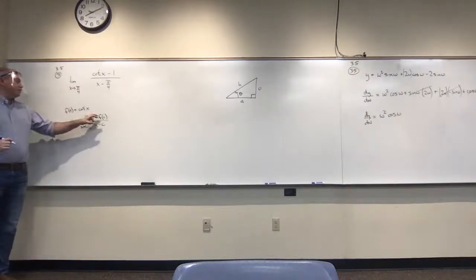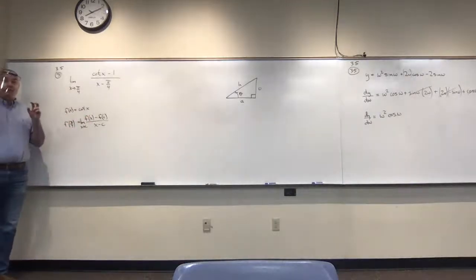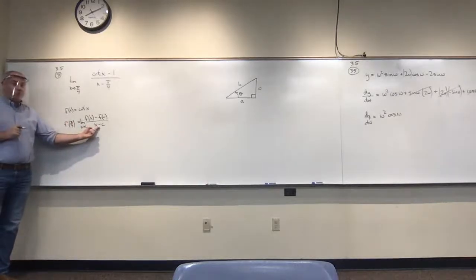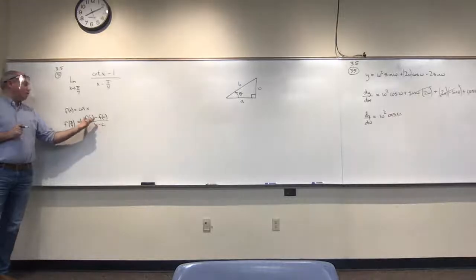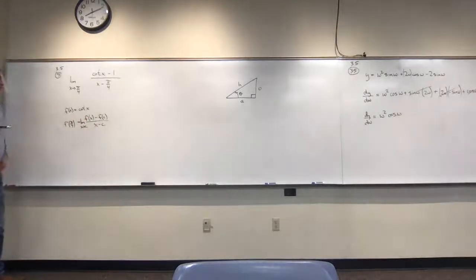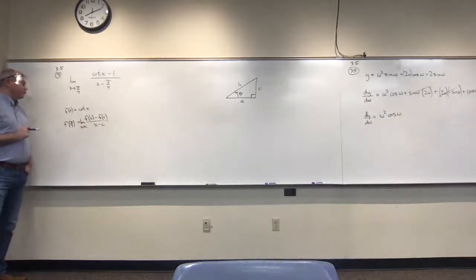This is the limit of the difference quotient, one of the forms of the difference quotient. Sometimes we use an h on the bottom. This is one of the other forms of that difference quotient.